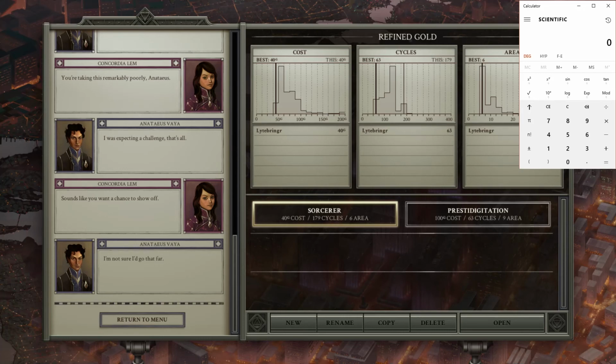Which I imagine is pretty easy for you to remember. And then you take 100 by 63 times 63 times 9. Take that log. It's only 6.6, which is less than 6.9. So in my metric, the prestidigitation solution to refined gold is better than the sorcerer.